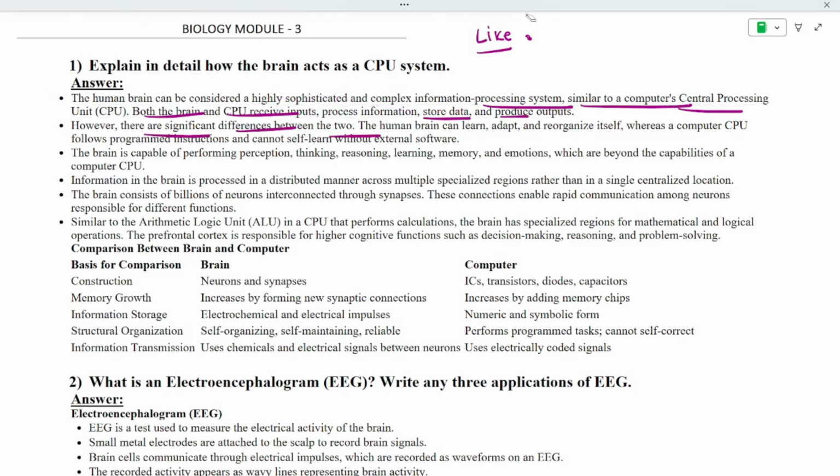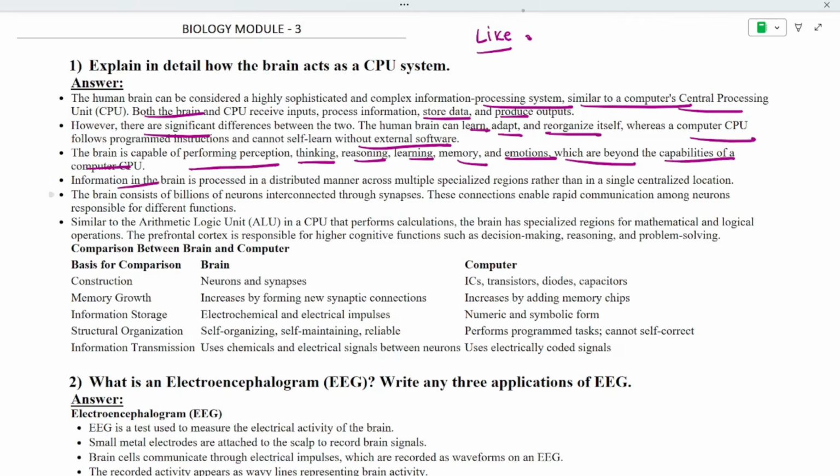There are differences also. The human brain can learn, adapt and recognize itself, but a CPU cannot do that. It has to be given through an external software. Next, the brain is capable of perception, thinking, reasoning, learning, memory and emotions, which are beyond the capabilities of a computer CPU.